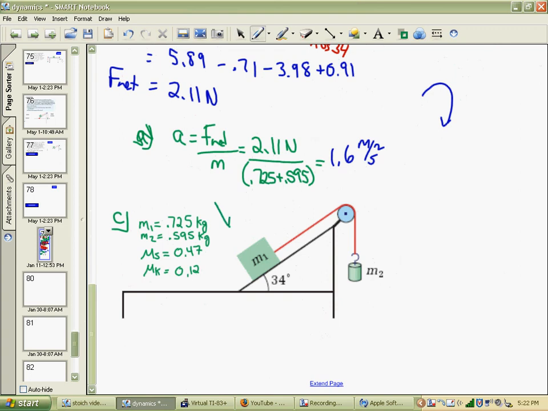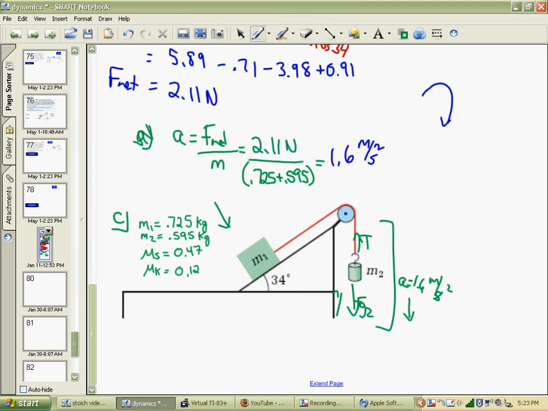I think clearly mass 2 is the easier one to deal with because it seems to have less forces working on it. It's accelerating at 1.6 meters per second squared downward. It has a gravitational component downward, and tension is directed up the string. So for your F net, you really only have three forces.